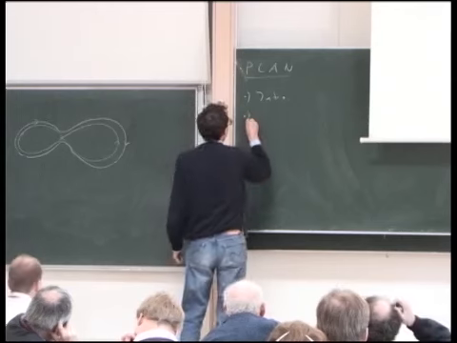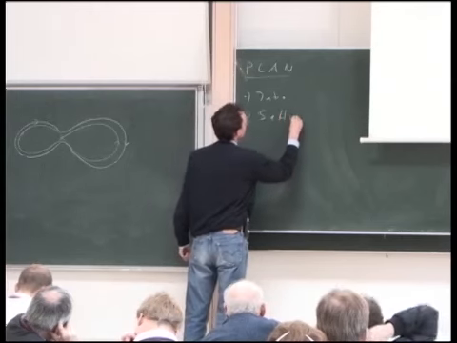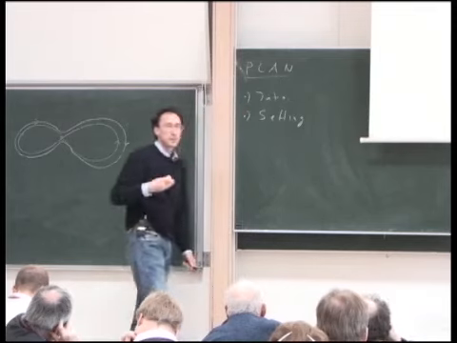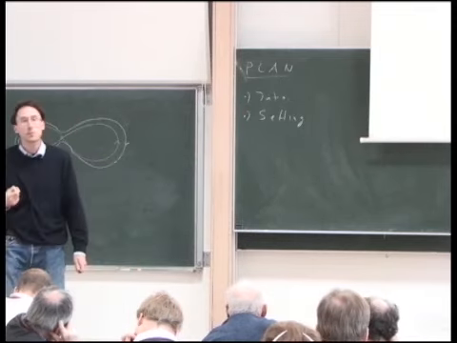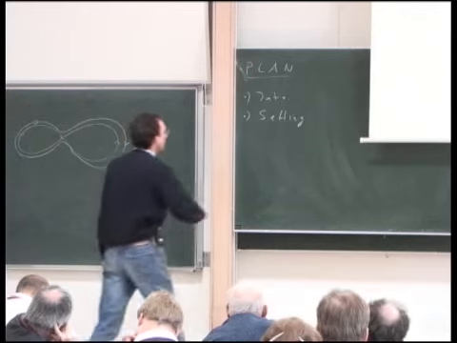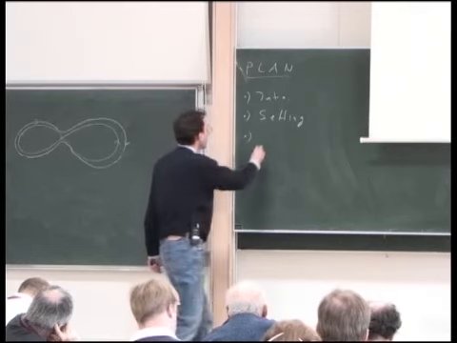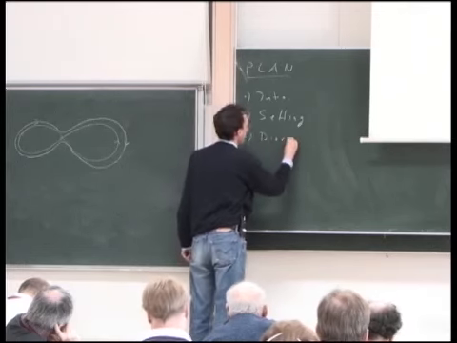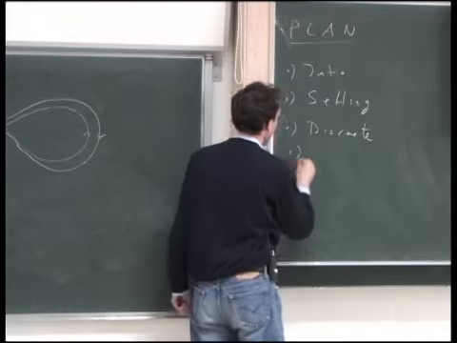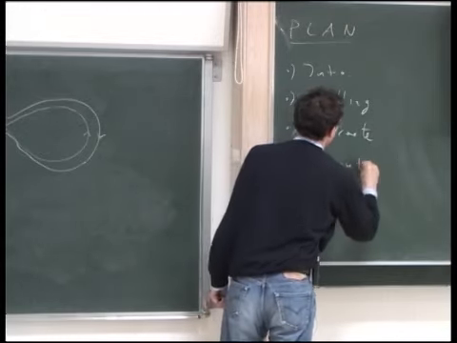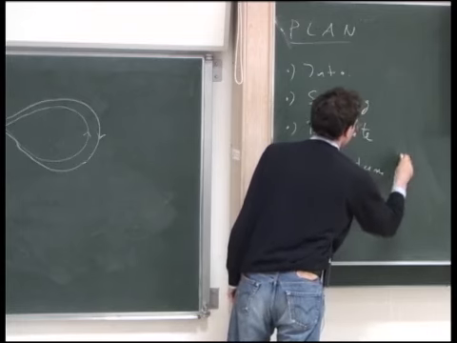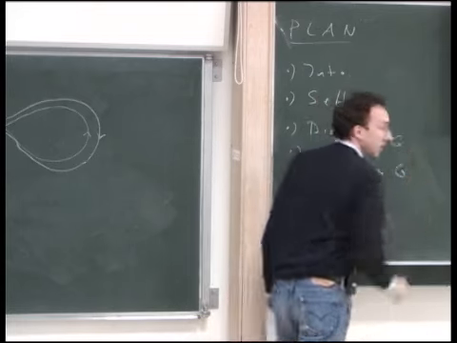Then I'll speak a bit about the setting, and there I will give precise versions of what we want to talk about. Then I'll speak about the integrated density of states for the discrete case, and then about the quantum graph case.